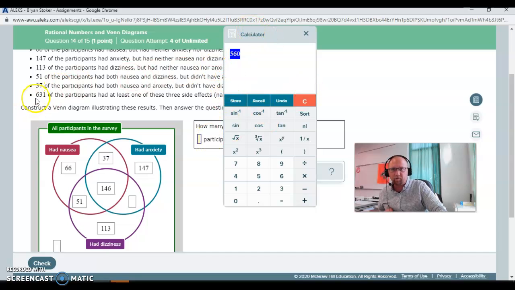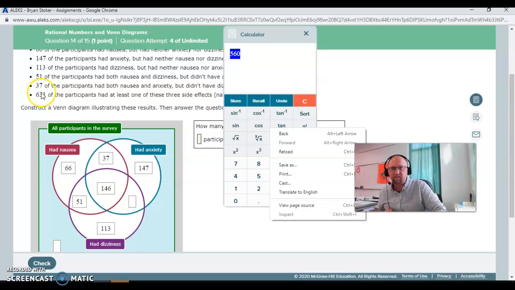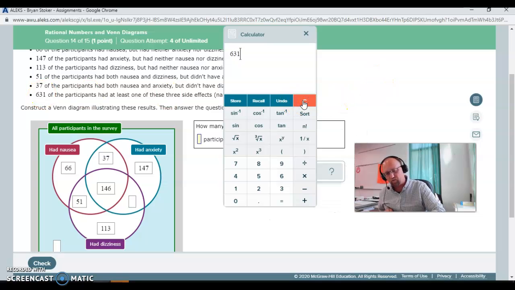And I know that 631 of them had at least one of the 3. So this missing number can be found by taking 631 minus 560, which gives me 71.